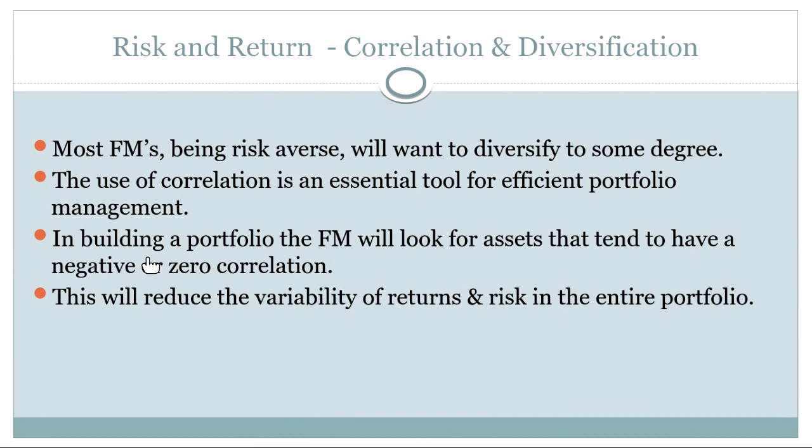So in that case, they will look for assets that have got a negative or zero correlation between them, because that's going to reduce the variability. Okay, another word for that is volatility. Remember, we said that risk, volatility equals risk. So that then reduces the risk in our entire portfolio.